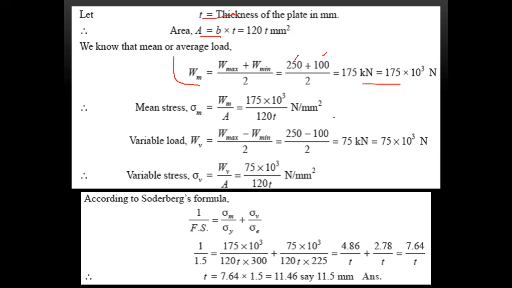Then the mean stress sigma m is equal to Wm by A. And the variable load Wv is equal to (max minus min) by 2, that is (250 minus 100) by 2, that is 75 kilonewtons. Then the variable stress is equal to Wv by A, that is this one. So this is the mean stress, this is the variable stress. Then by using the Soderberg formula, this is the Soderberg formula.